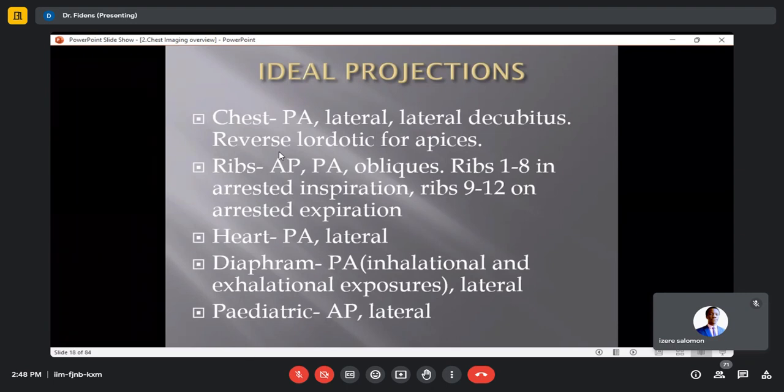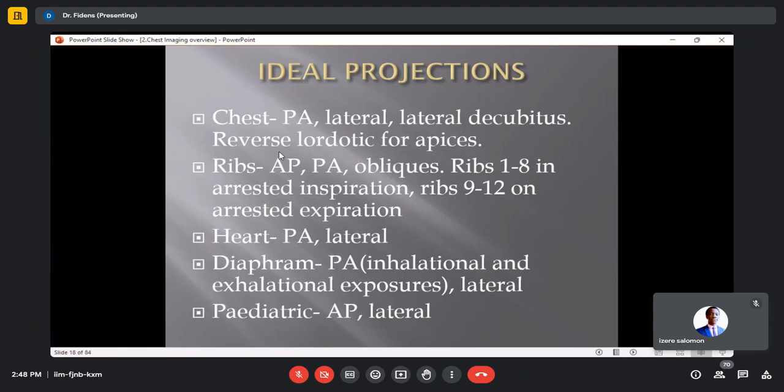And again, the lateral view is also done frequently, but not routinely, unless you suspect something else. Lateral decubitus for the conditions I told you, and the lordotic view for the apex of the lungs, especially the spaces posterior to the clavicles.